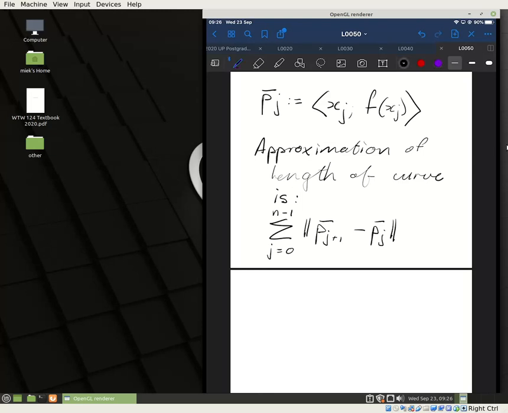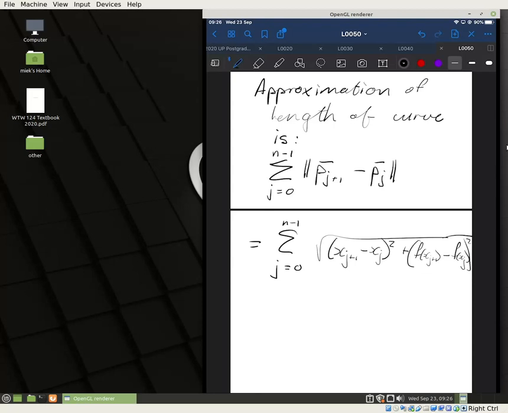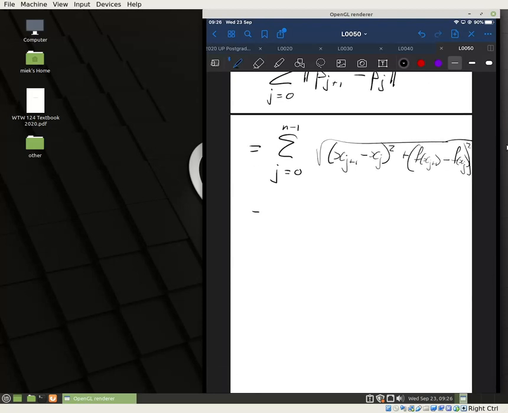Okay, so let us write out exactly what this is. Let's just expand the definition of everything. So this is the square root of (x_{j+1} minus x_j) squared plus the function values (f(x_{j+1}) minus f(x_j)) all squared. But what is this?